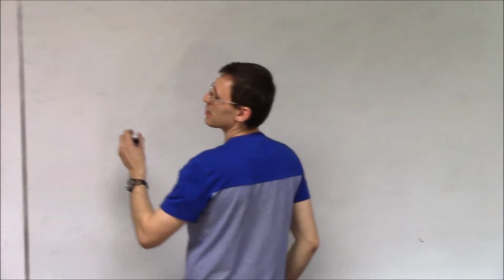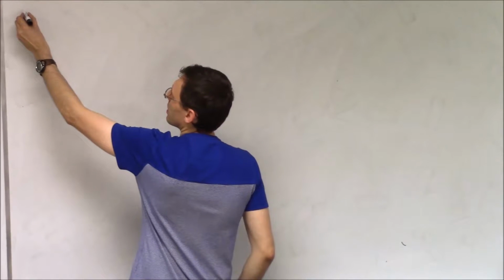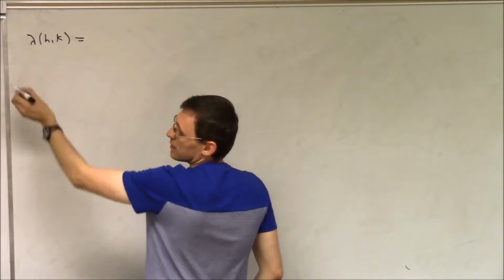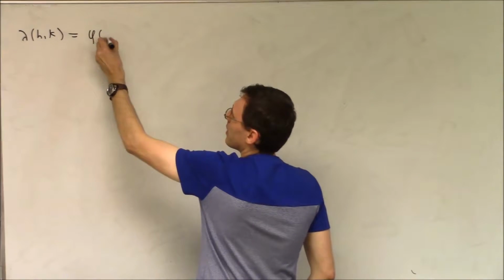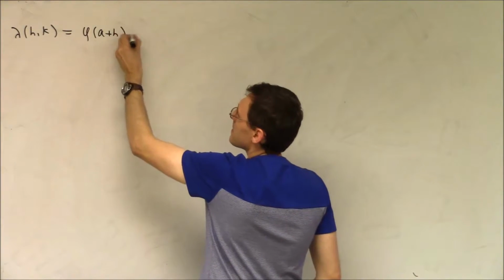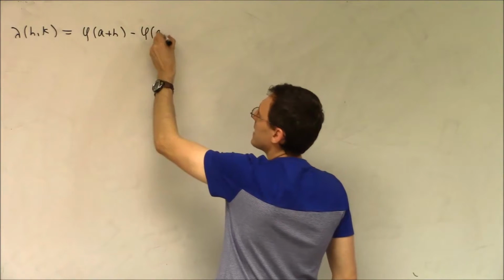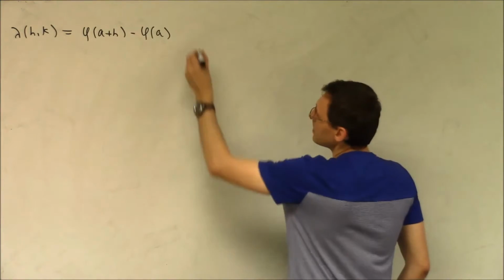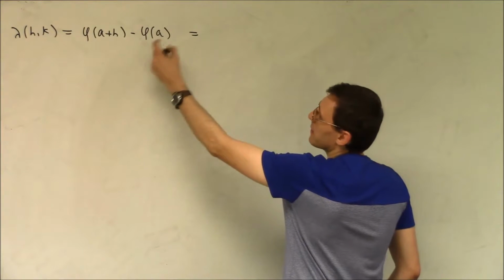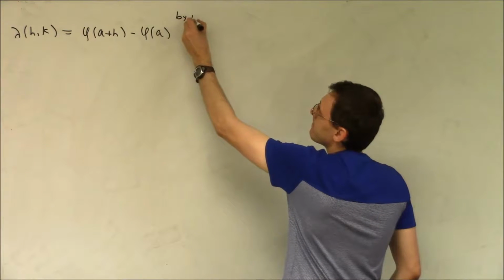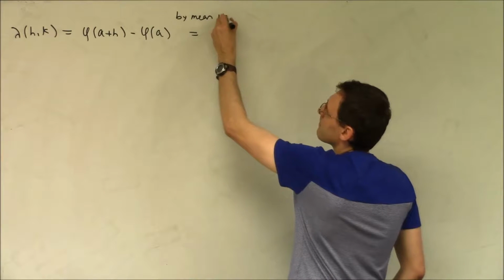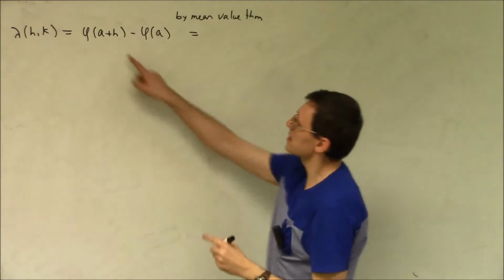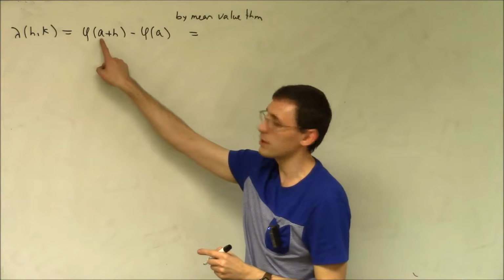So here is what we're going to now do. We're going to work with the first function. So lambda of hk is equal to phi of a plus h minus phi of a. Now what is this? This is by the mean value theorem, because this is calc 1, really. This is a function of only one variable, the variable x.